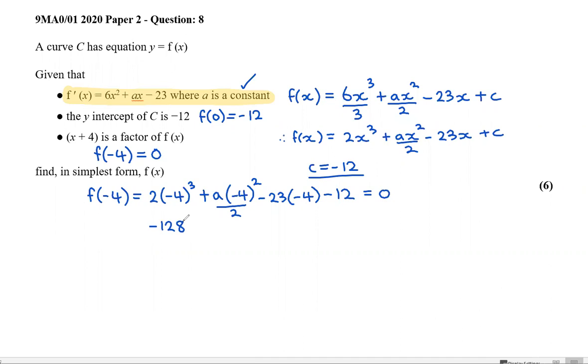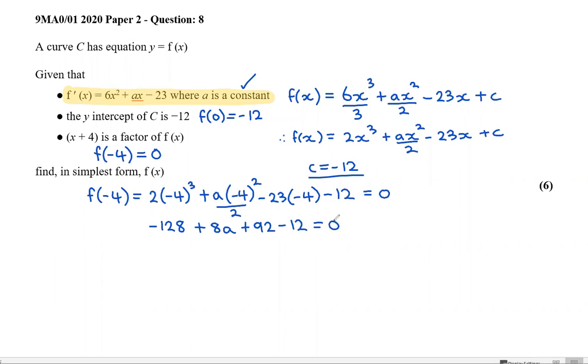We then have negative 4 squared, which is 16, divided by 2. So that's plus 8a. We then have negative 23 multiplied by negative 4, which is negative 92. No, it's not. It's plus 92 because we have 2 negatives multiplied together. Then subtract 12, and that's equal to 0.